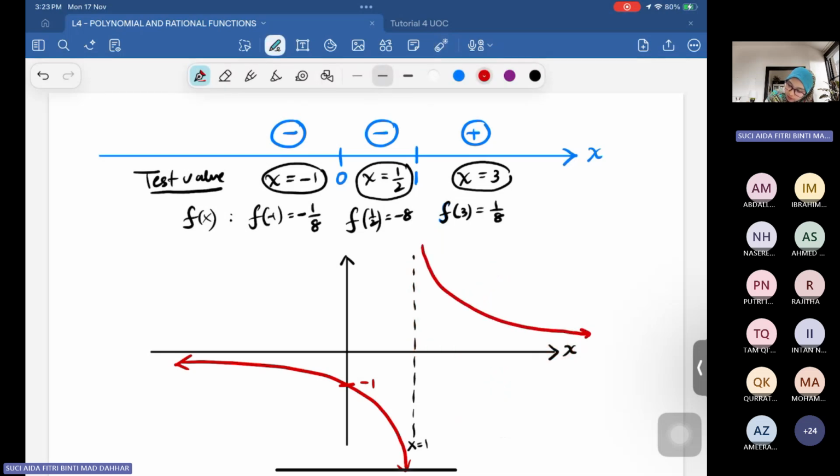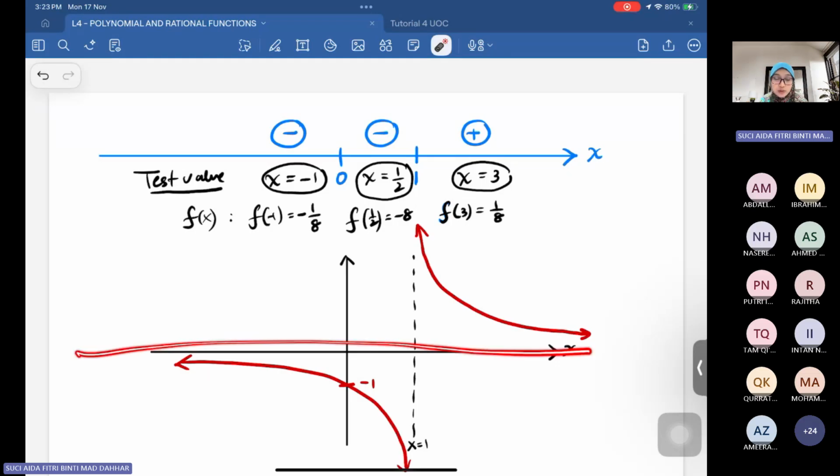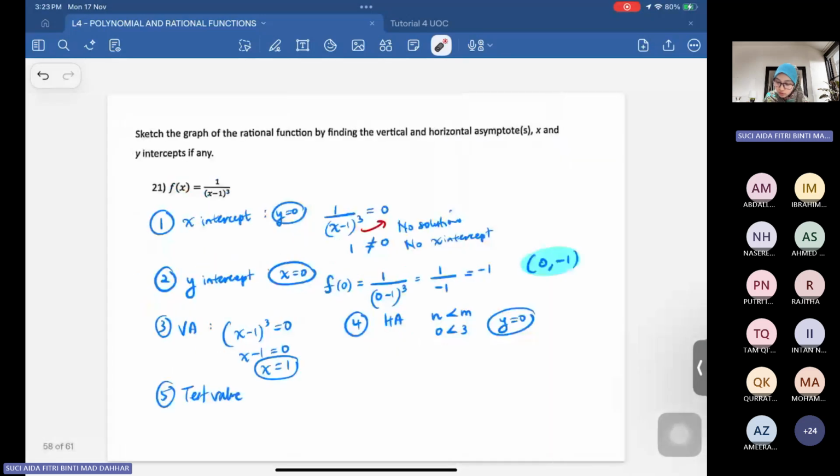So the right tail is towards the horizontal asymptote. The left tail, as it goes outwards, becomes closer and closer, approaches the vertical asymptote. Okay, approaches only. They never meet. Is that clear? Okay, so there's no x-intercept because the x-axis is our asymptote. Yeah, that's why we didn't get solutions to this.